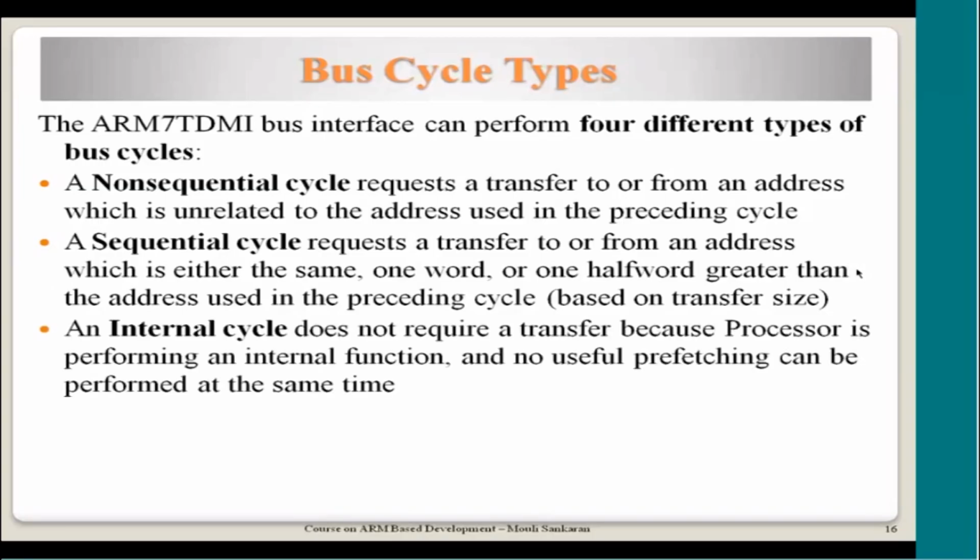Now what is an internal cycle? As I mentioned in the CPU diagram, we saw the processor core sitting, and there are many co-processors and other cache and memory management units in a single chip. The same data bus and address bus coming out of the processor core is not only connected to the memory, it is also connected to the co-processor, or it could be connected to some other units on the bus.